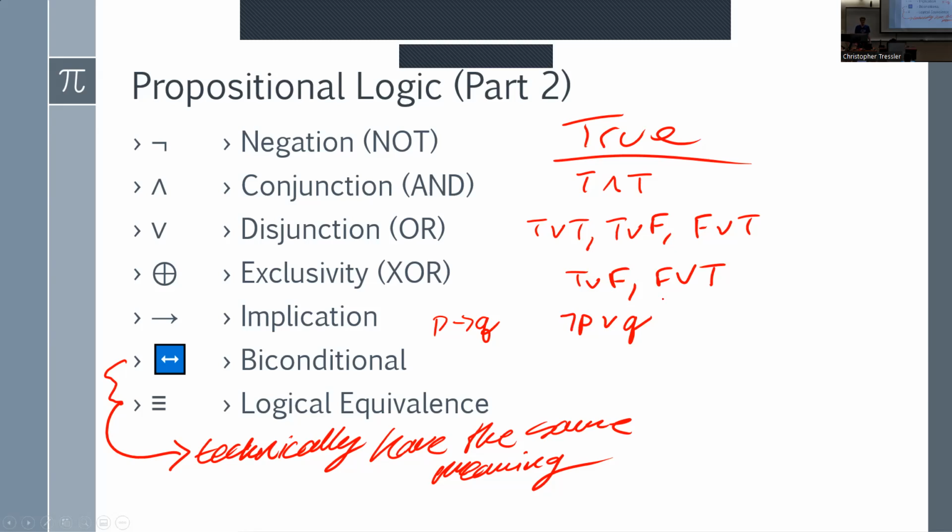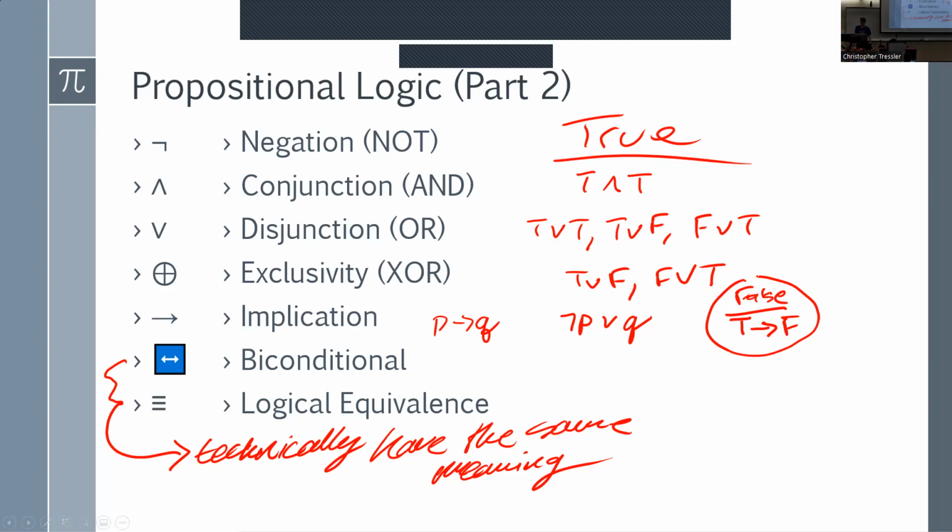And if the right proposition is true, even if the left is false, we still say it implies. So what is the only time we can have an implication that is actually false? There's only one time. Yes, it's when the left is true implying a false. So keep that in mind.